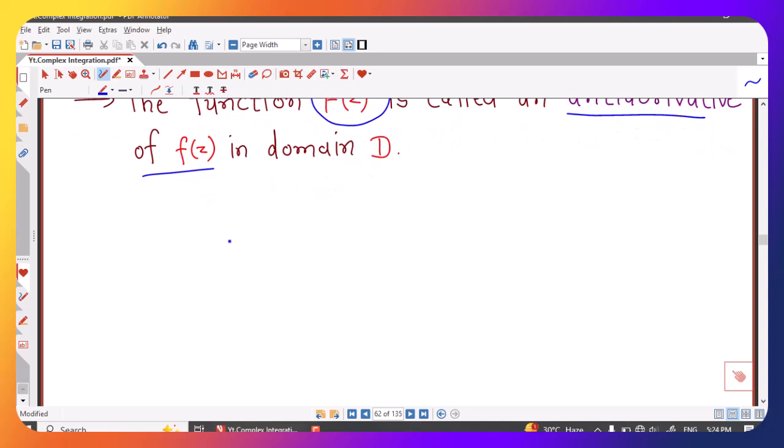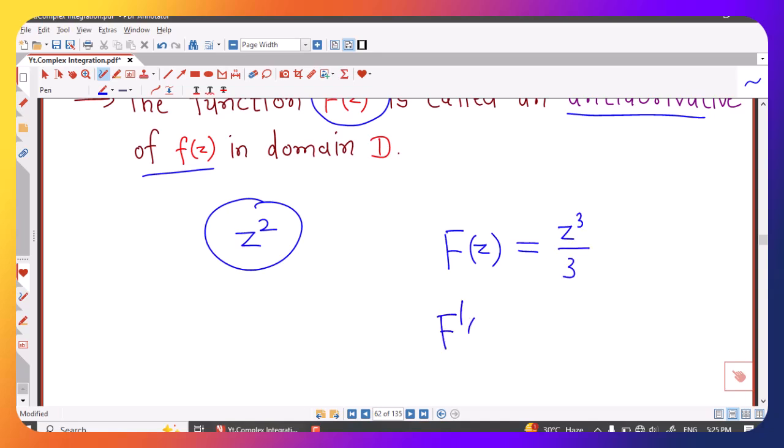We have seen in earlier lectures on complex differentiation that z square is analytic at every point in the complex plane, and if we consider F(z) equal to, say, z cube by 3, then the derivative F dash z is going to be 1 by 3 into 3z square, that is z square.